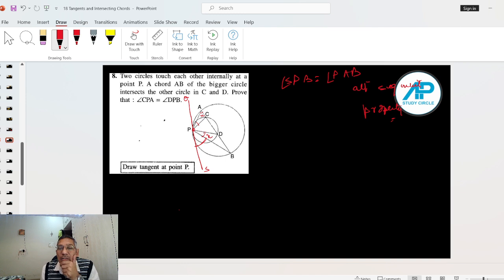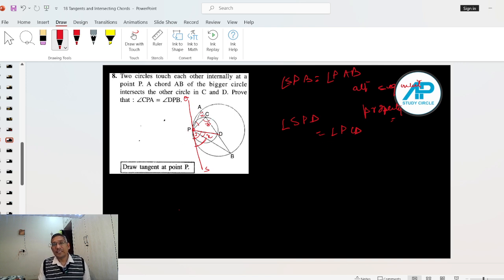Take the chord PD and the tangent PS and take it as Y, and this tangent and the chord take an angle here. This angle is Y again. They are the alternate segment for the smaller circle. Now look very carefully. So I write down SPD equals angle PCD.